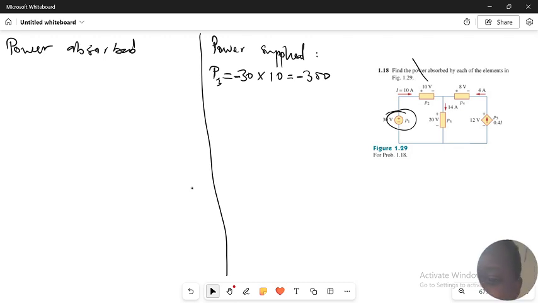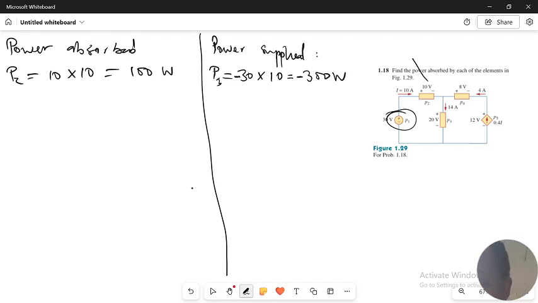Now this element P2, is it absorbing or supplying? The current is entering the positive terminal, which means it's absorbing. I will have P2 equal to the voltage, 10, multiplied by the current, 10, which is 100 watts.